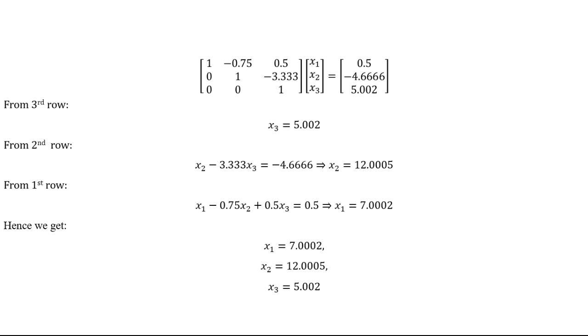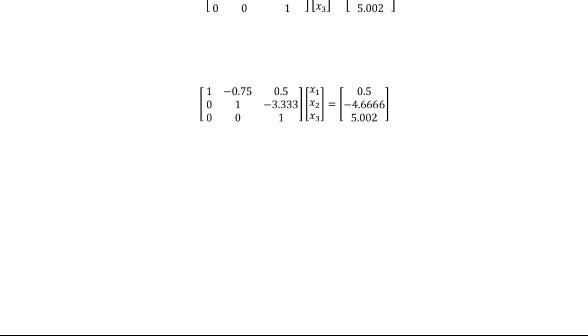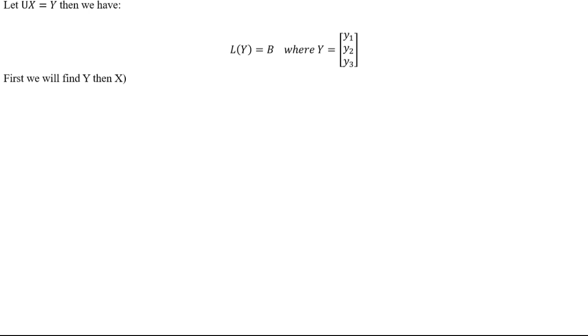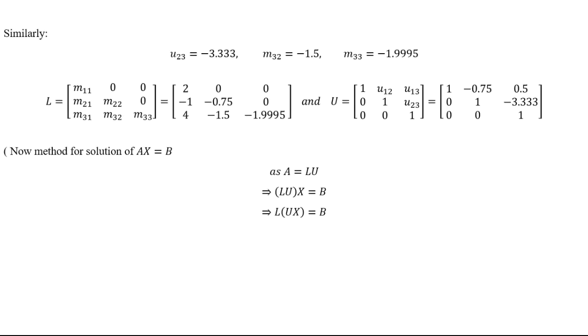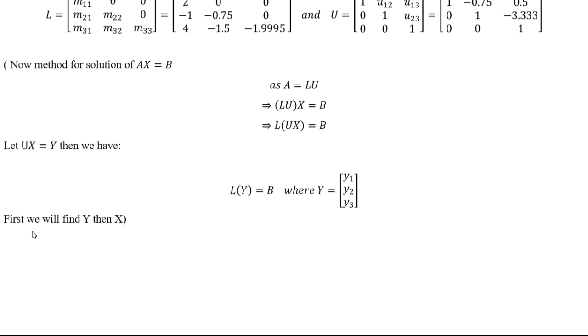After converting the matrix to the lower and upper triangular matrix, the solution procedure is the same for both methods. You consider the product Ux is equal to y, then you find the values of y1, y2, y3, and after putting all these values in the equation Ux is equal to y, you will get the values of x1, x2, and x3, which is the solution for the system of linear equations.